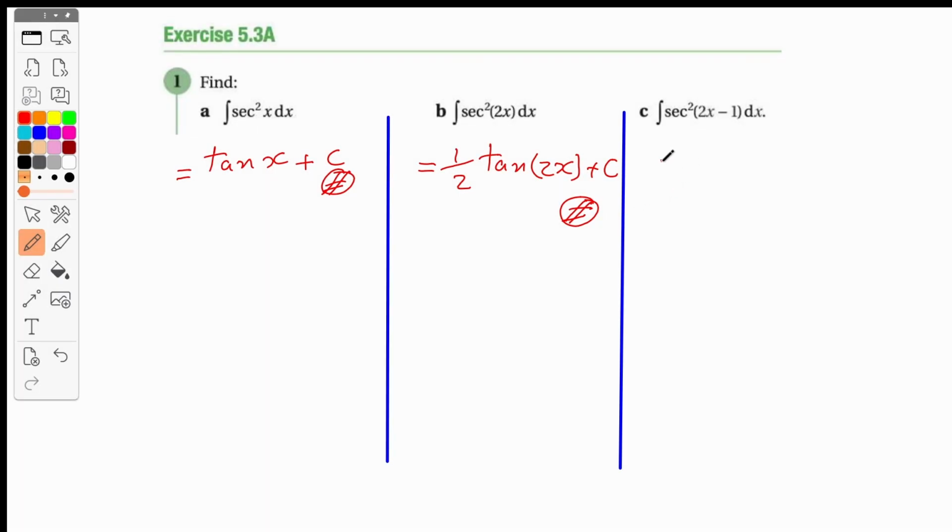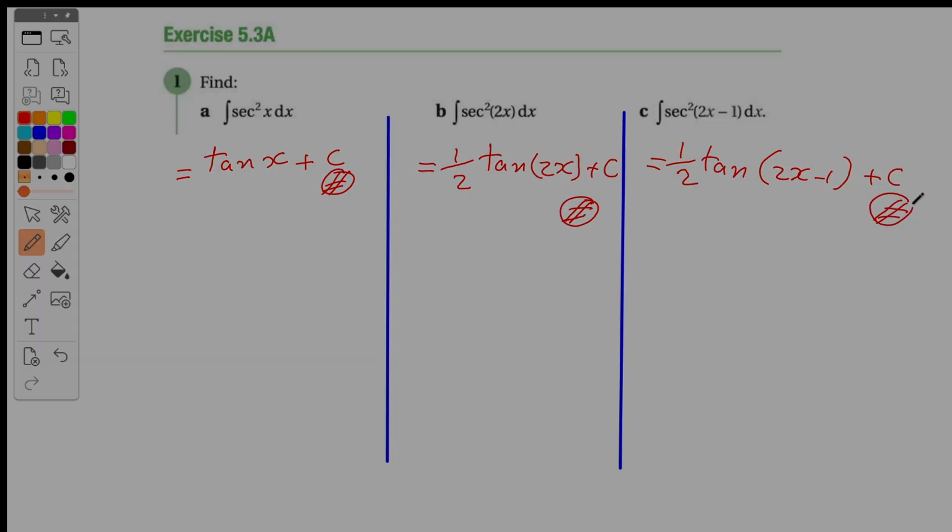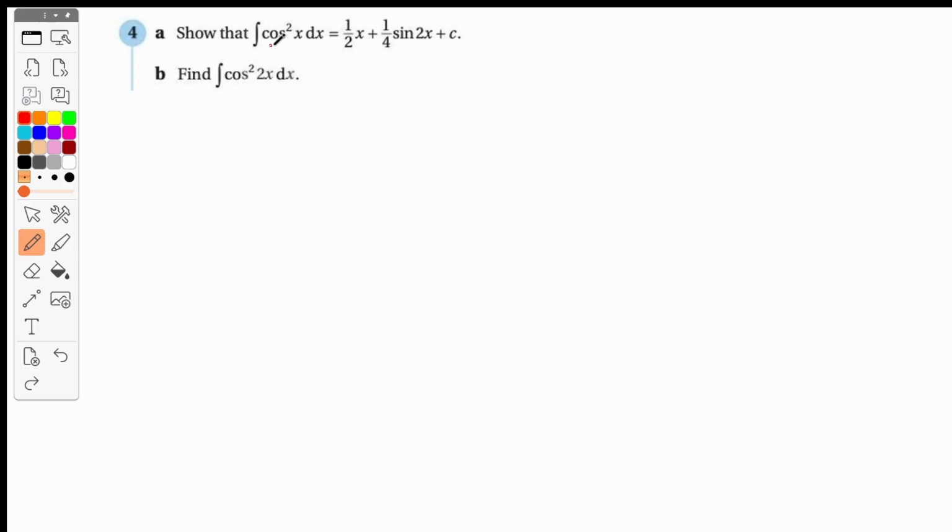And for question C, secant squared of the quantity 2x minus 1 dx, again this is ax, so you should divide by a, which is 2, then tan of the quantity 2x minus 1, plus c.